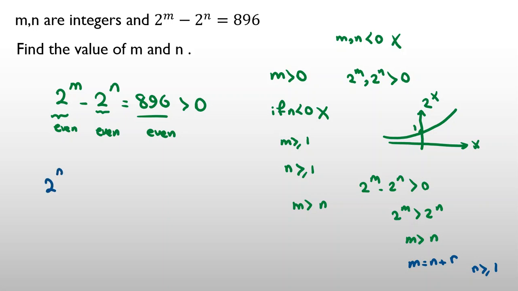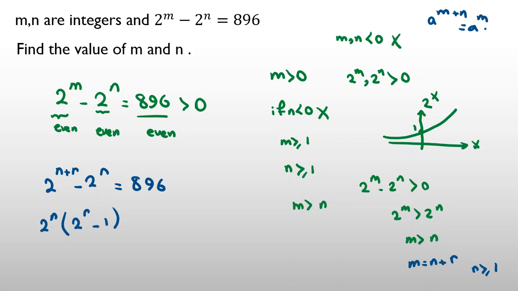So I write 2 to the N plus R minus 2 to the N equals 896. We can factor out 2 to the N. It will be 2 to the R minus 1. The reason is that a to the M plus N equals a to the M times a to the N. So I can write 896. If I factorize 896, it is a multiple of 4. Let's divide by 4.